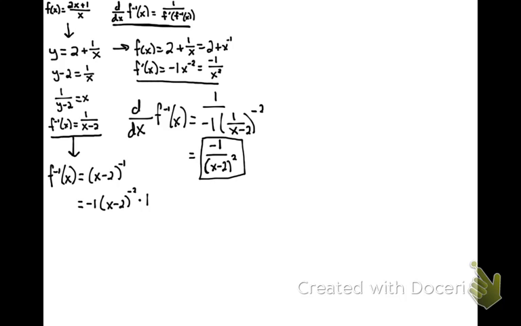And when I clean this up to make the exponent positive, I would have negative 1 over x minus 2 squared. And I have indeed verified that the derivative is correct using equation 3.